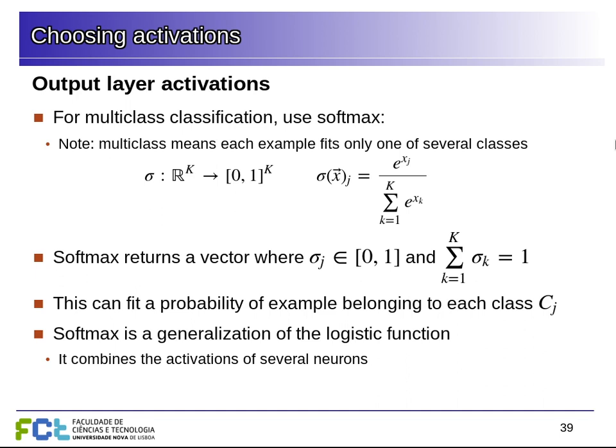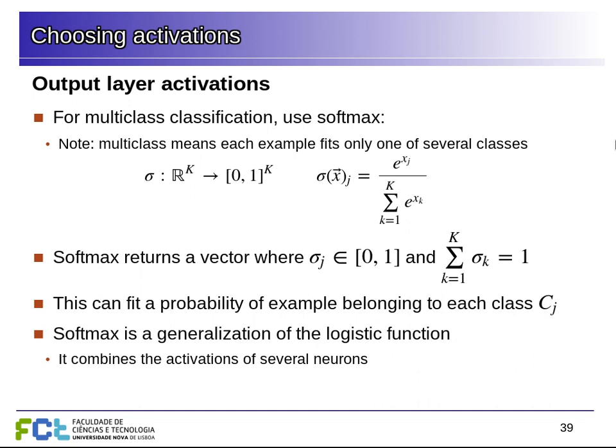So this is the softmax activation function, the one that we have here, that can map from a vector of k values into a vector of k values between 0 and 1, such that the sum equals 1. So if you use this expression here, that will give you this property, and so you can interpret the output of the network as the distribution of probabilities of belonging to any of the classes.